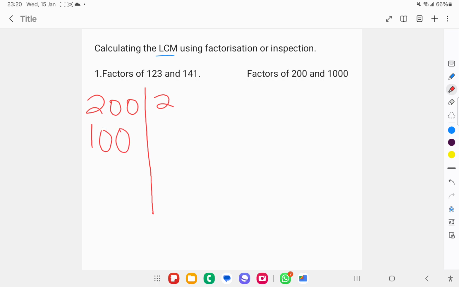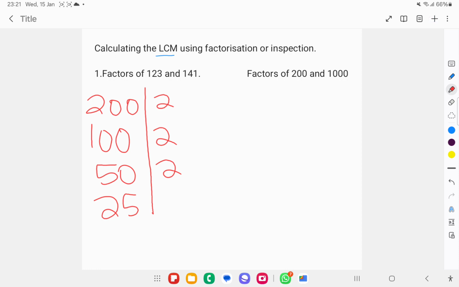Now, what is the lowest prime factor that can divide into 100? It has to be 2. Now 2 into 100 will give us 50. Now what is the lowest prime factor that can divide into 50? We also have another 2, which will give us 25.